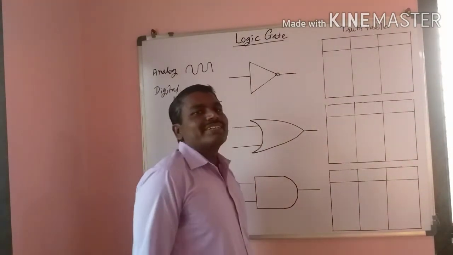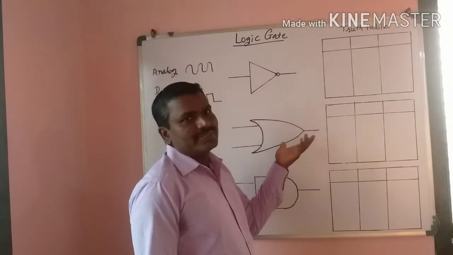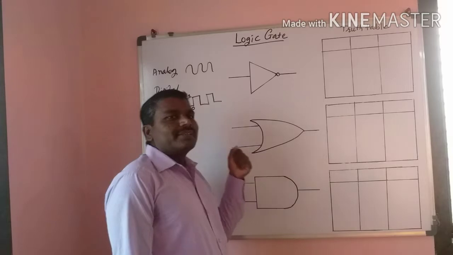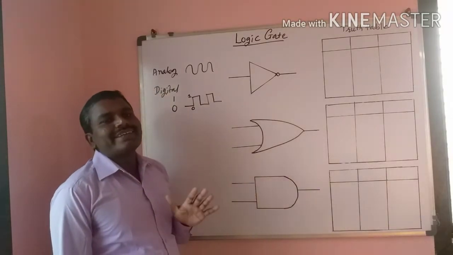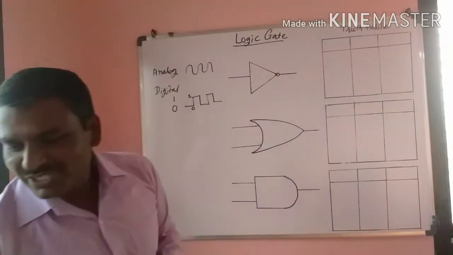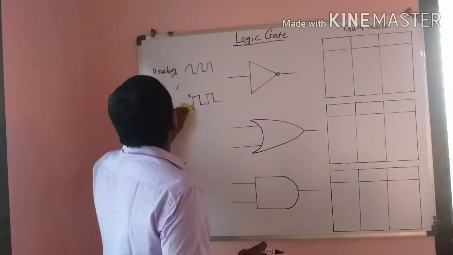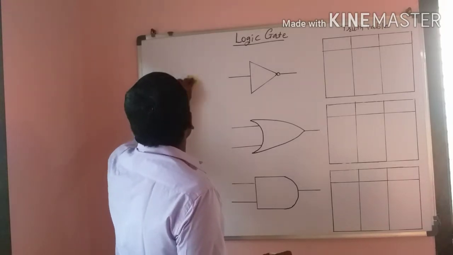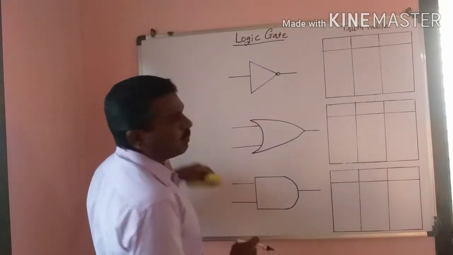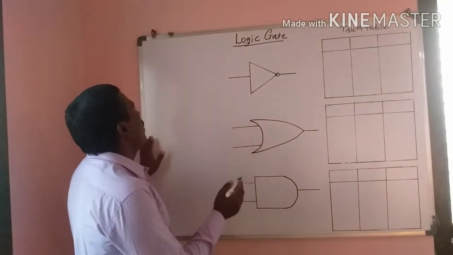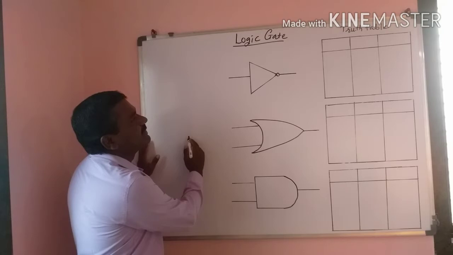This logic gate contains a truth table. We can see the truth table of each gate one by one. And that logic gate also contains a Boolean expression. Boolean expression is nothing but a mathematical statement between the input and output signal of a logic gate.